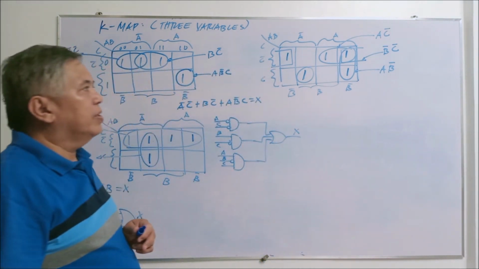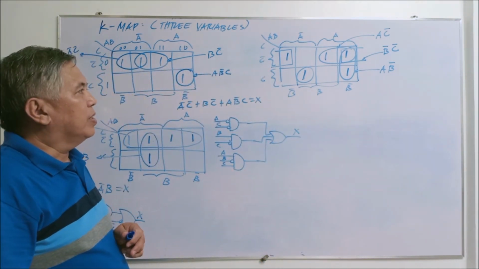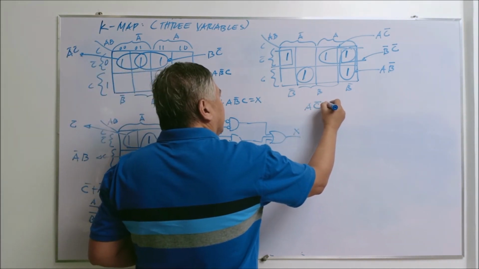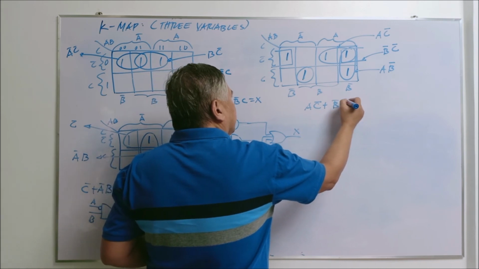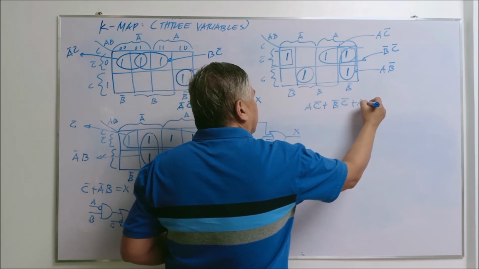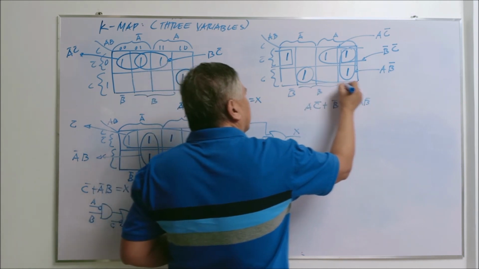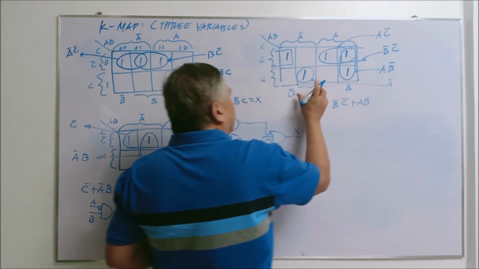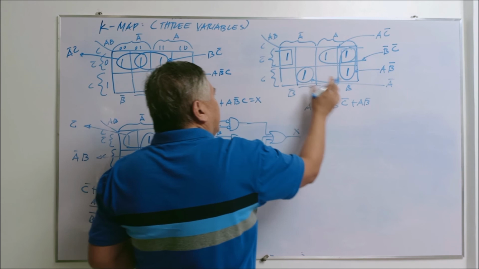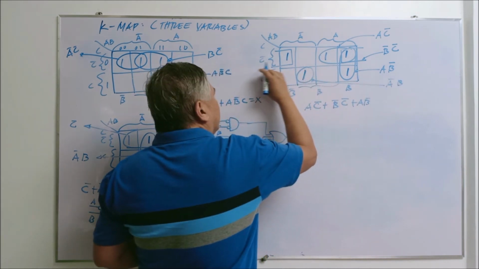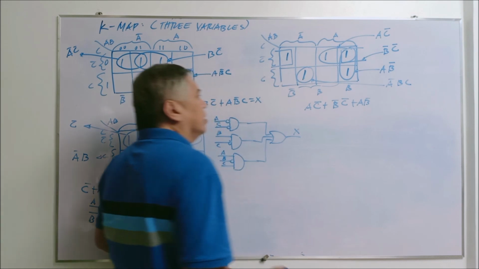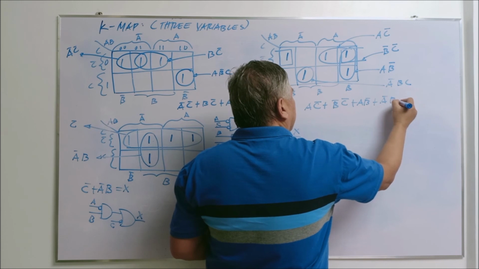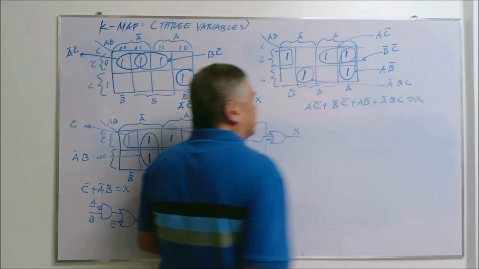So that will be our equation. So the final will be A C bar plus B bar C bar plus A B bar. Oh, by the way, we still have this one. So this belongs to A bar and then belongs to B and belongs to C. Okay, so you have this one here plus A bar B C is equal to X.